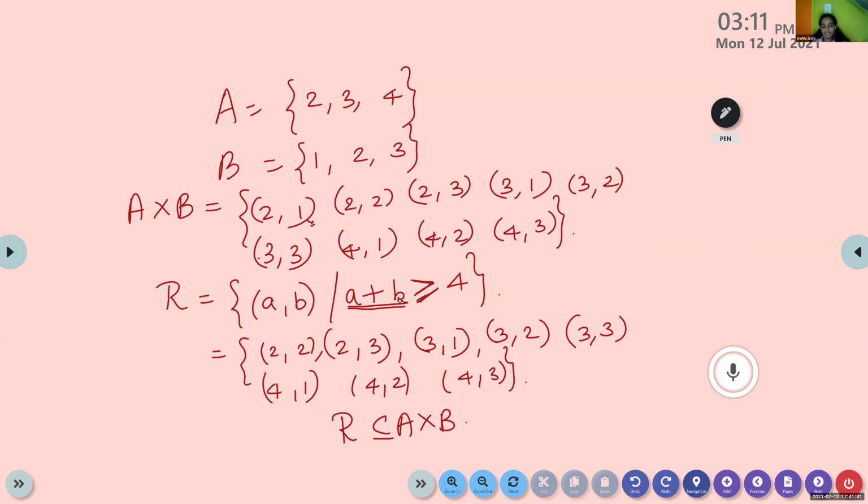Why is it contained in and equal to A cross B? Okay, here I wrote that as a general statement. Here it is contained only, it is not equal. Sometimes the relation and Cartesian product will be the same. So usually a relation will be a subset. Here it is a proper subset.